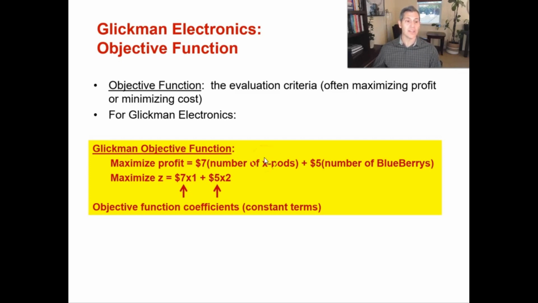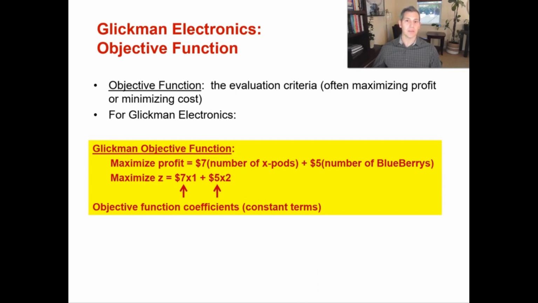X1 is your XPod decision variable. X2 is your blueberry decision variable. It is not $5 multiplied by 2. Do not confuse yourself. Okay, so our objective function is to maximize Z equals $7 multiplied by our number of XPods, our first decision variable, plus $5 worth of profit for all of our blueberries, which is our X2 decision variable.